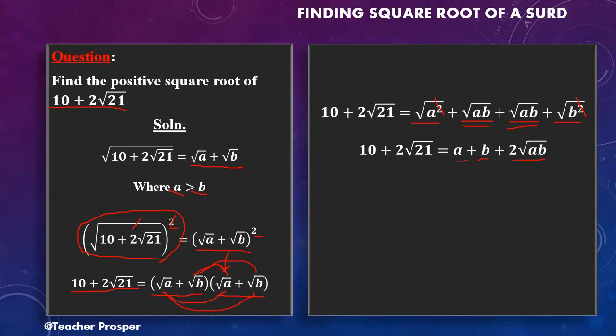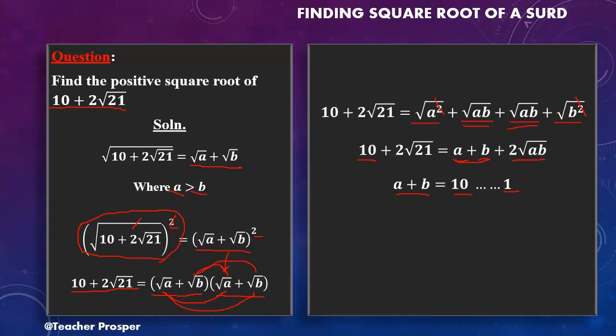Now, given this particular equation, we are going to take the terms that do not have a square root here, and then we equate them to the term which has no square root here. So you are going to have A plus B is equal to 10. And we set that as our equation 1.